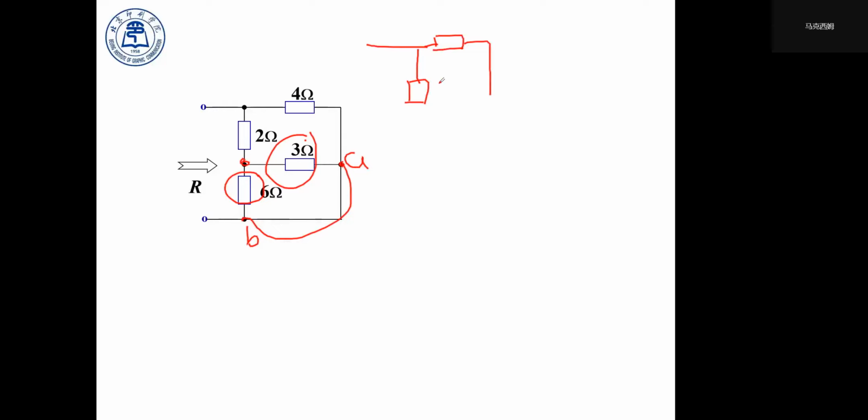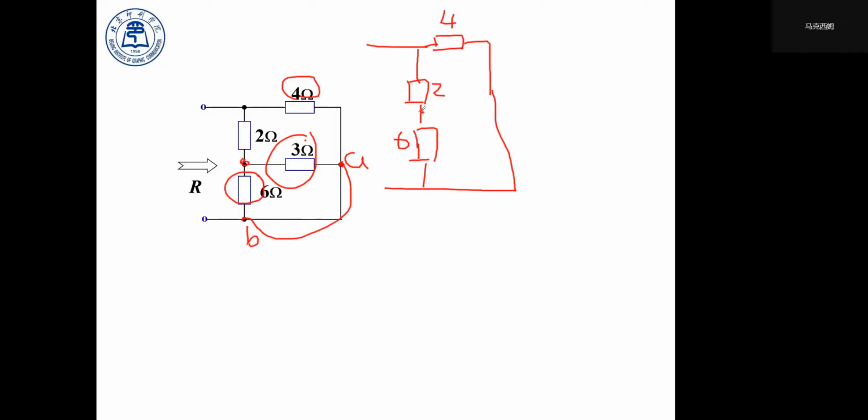And this is a 2 ohm, this is a 4 ohm, and we have this 6 ohm, and we have this one. Since the other end of the 4 ohm is attached to the very end of it, we can just connect it like this.